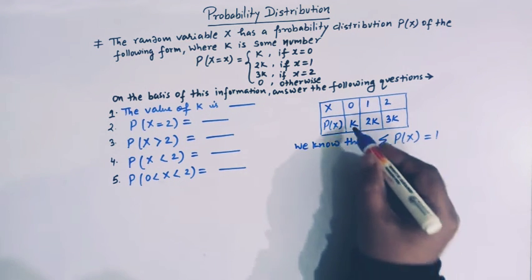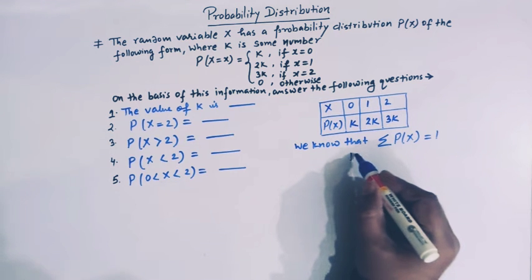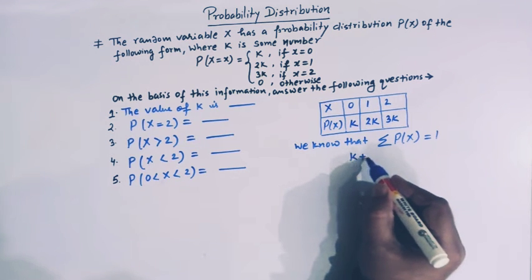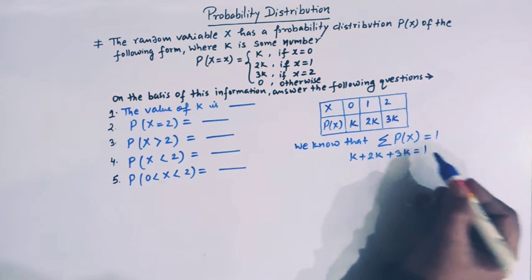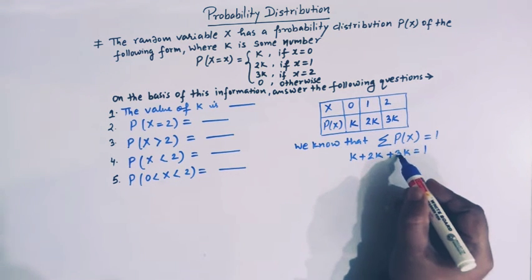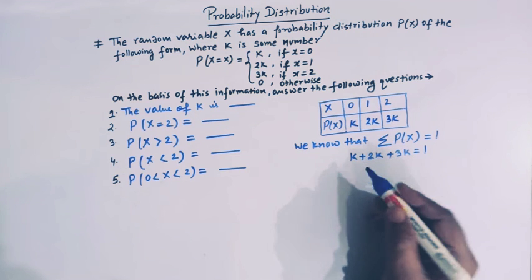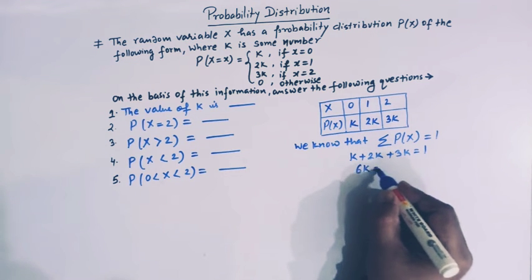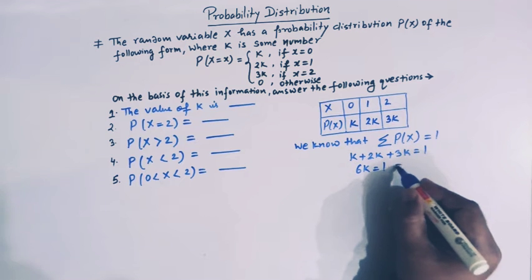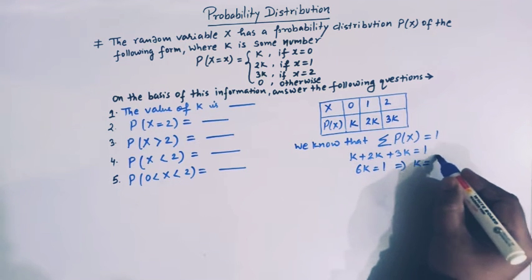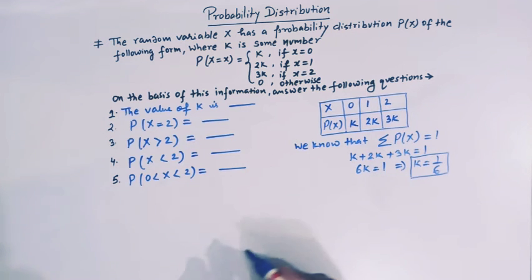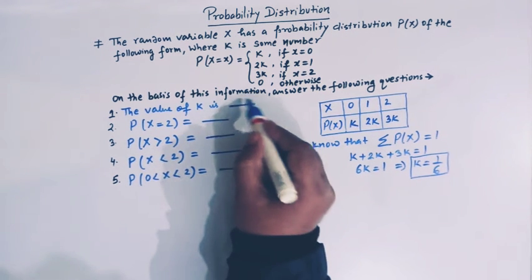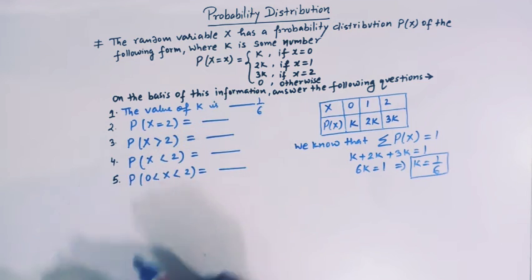So it means we have k plus 2k plus 3k should be equal to 1, right? So this is 3 plus 2, 5, plus 1, 6k is equal to 1. So we have k is equal to 1 over 6. So the value of k is 1 over 6, right?